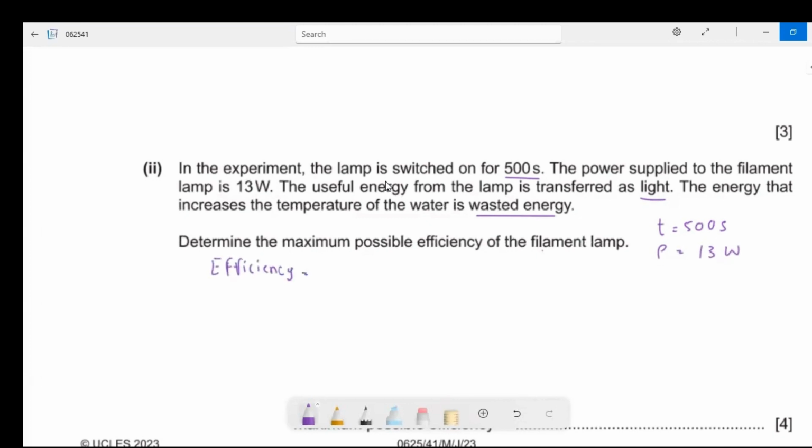So we need to find the efficiency of the lamp. Efficiency can be written as the output energy we got by input energy into 100. So what is your output energy? Here output energy can be written as the total energy.